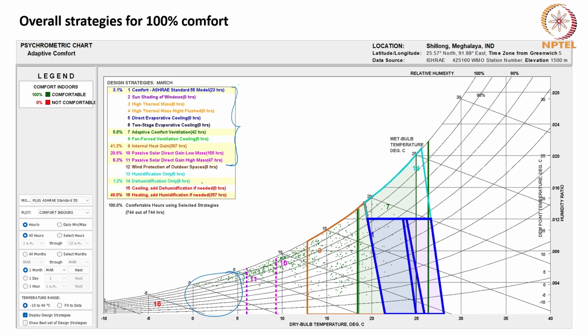Then the active strategies would be to have dehumidification and to have heating and humidification in order to make 100% of the hours comfortable by making these 49% comfortable by use of active means for the month of March for a cold climate like Shillong.